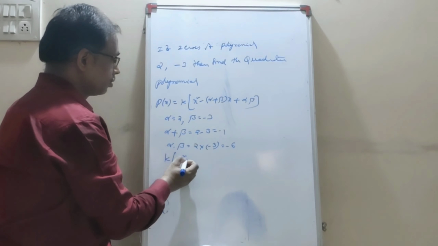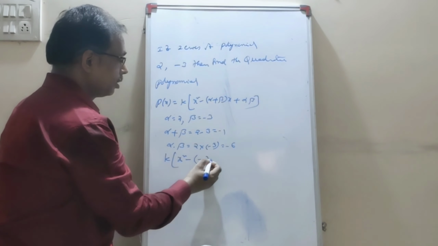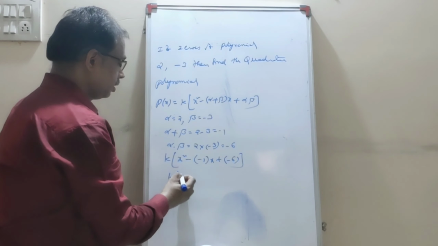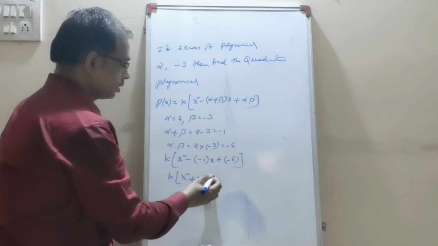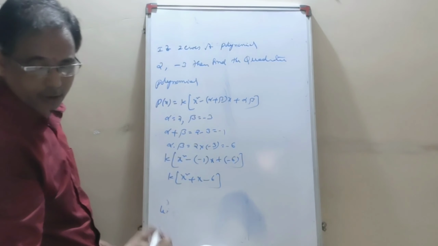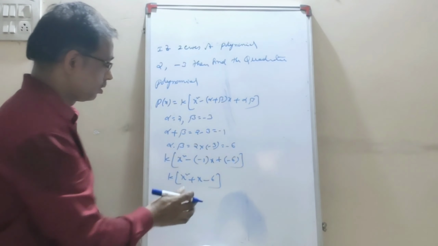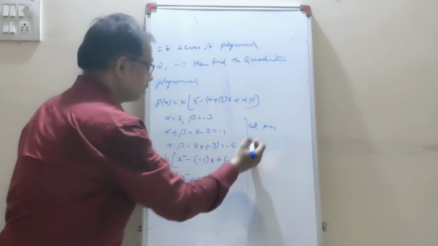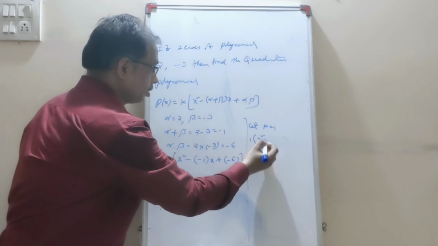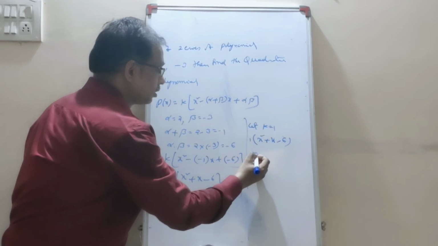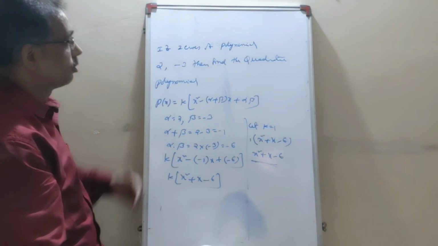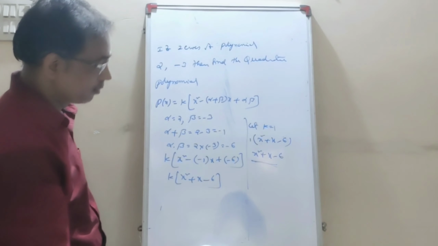Then k into x square minus of minus 1 into x plus of minus 6. So we can write it as x square plus x minus 6. Let us assume here k is equal to 1. So like this we can find the quadratic polynomial when the zeros are given.